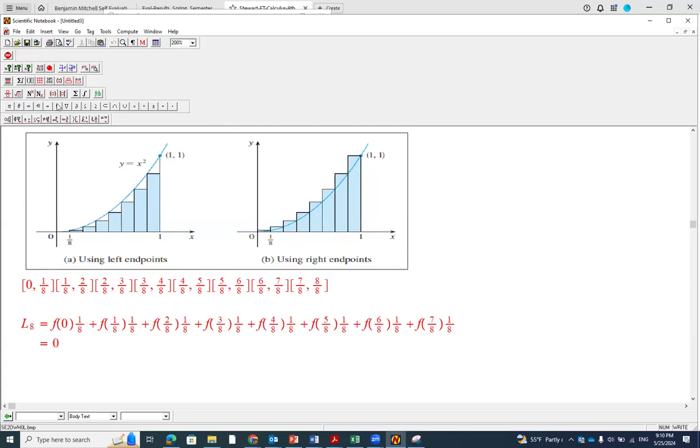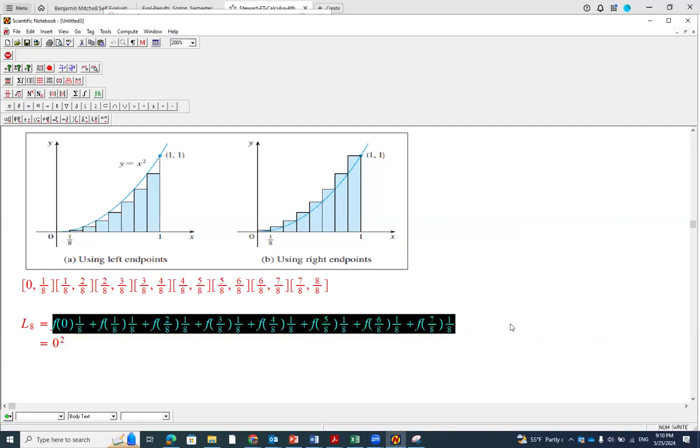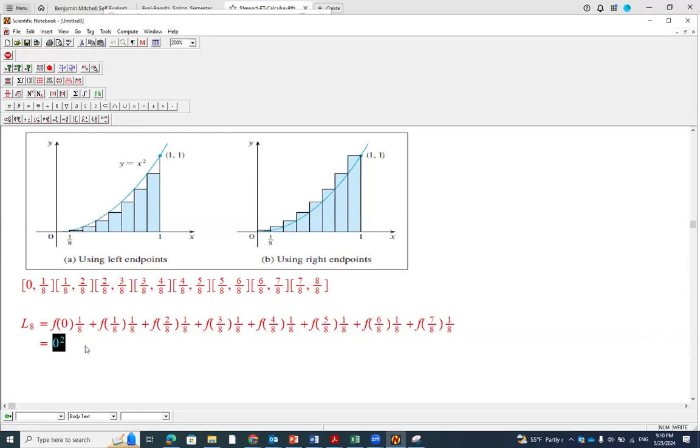So that's going to be 0 squared multiplied by 1/8. Then 1/8 squared, we plug in the function. This one is going to be 2/8 squared, and 3/8 squared, we're just plugging in the function.